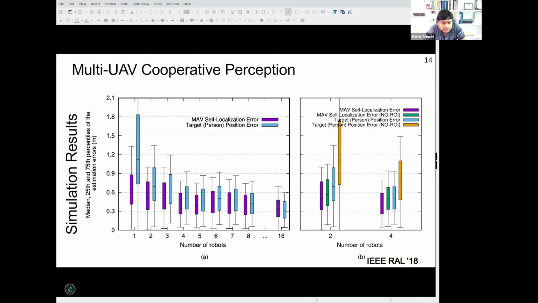What is clear here is that the biggest improvement comes from jumping from one UAV to two UAVs. For the one UAV, we had much more assumption on the height range of the person and so on, which is already addressed by having two UAVs. As we increase the number of UAVs, there is a progressive increase in the accuracy, but only up to 4 or 5 UAVs.